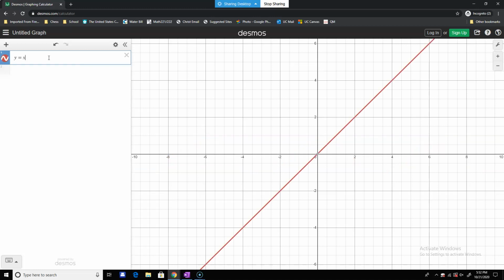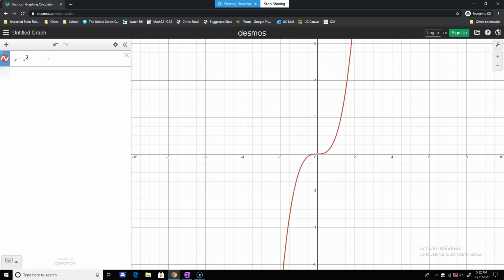Odd functions have origin symmetry. How would you describe origin symmetry pictorially? I mean, we know f of negative x equals negative f of x. I kind of think of it as two flips. So if you take the top right half, or top right quadrant, let's say, and you flip it down and then over, you get the same picture.